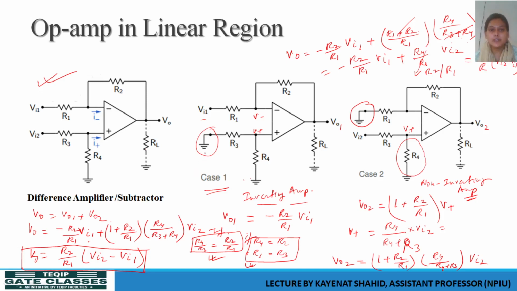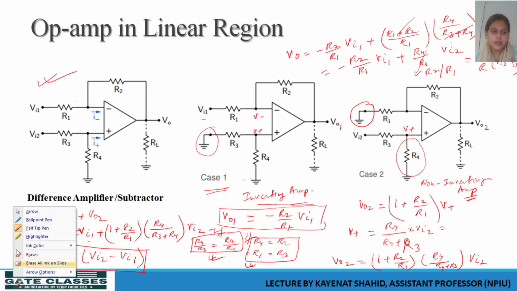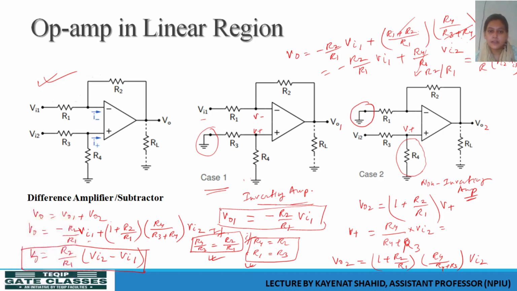For case 1, when this non-inverting terminal is grounded, we have an inverting amplifier, for which the equation is nothing but this VO1. This is our output for VO1. For VO2, we have an equation for the non-inverting amplifier.